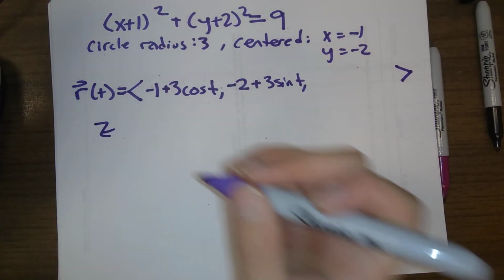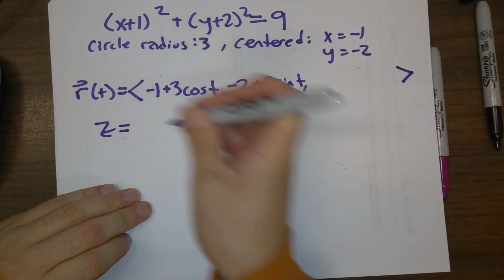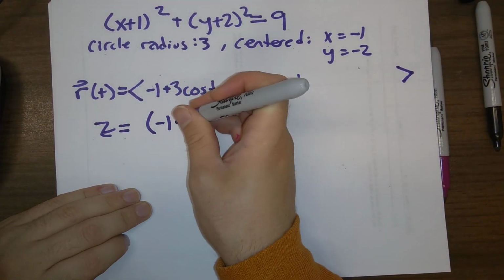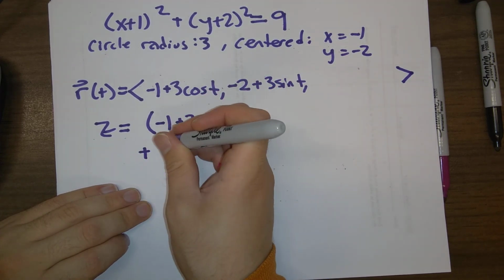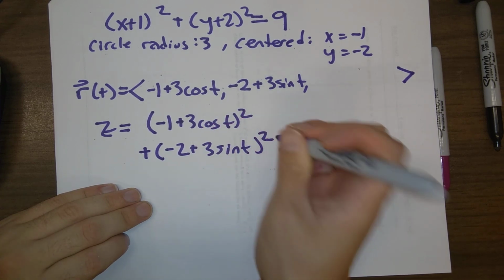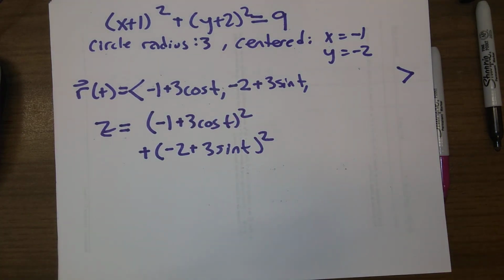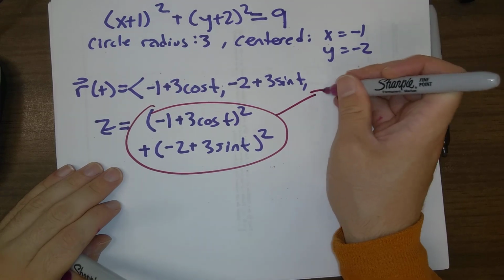Well, z, remember, z is x squared plus y squared. So z is -1 plus 3 cosine t squared plus -2 plus 3 sine t squared. So that is what would go in here.